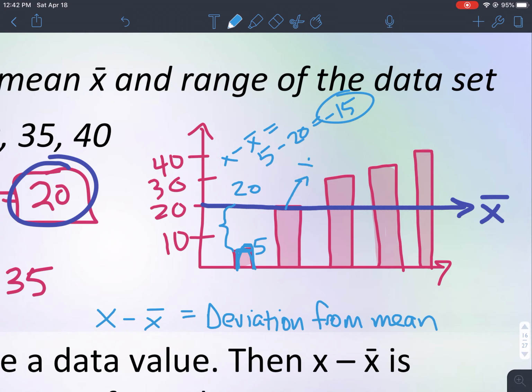This deviation would be 0, 20 minus 20. This one would be 30 minus 20, which is 10. And so on. So we can get a group of data measures that tell us the deviation from the mean.